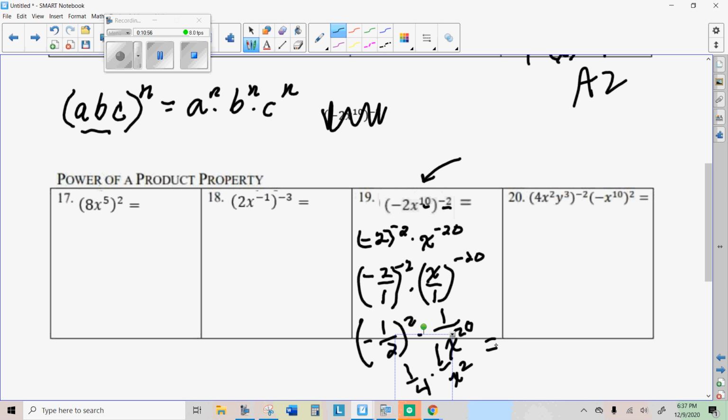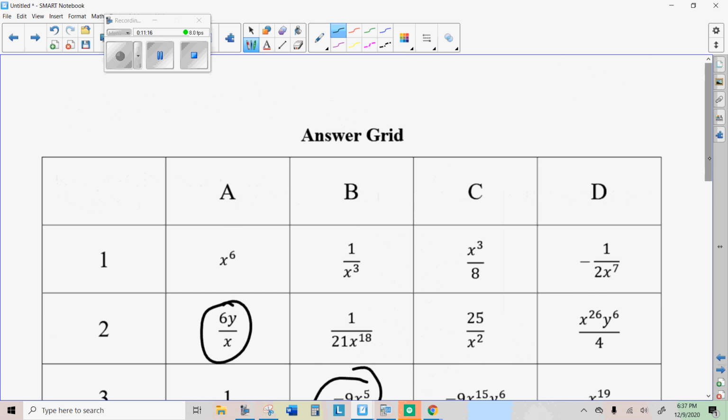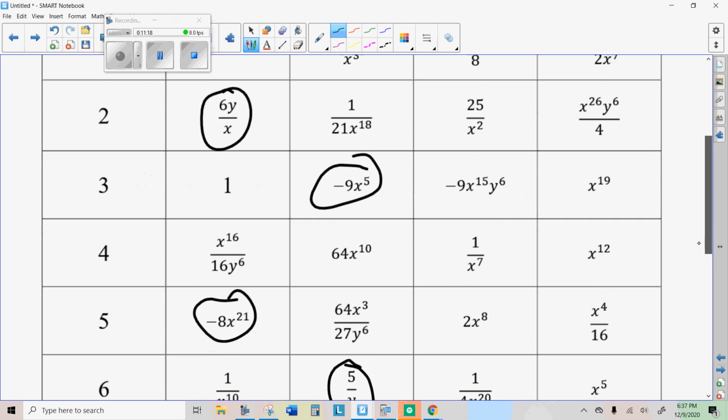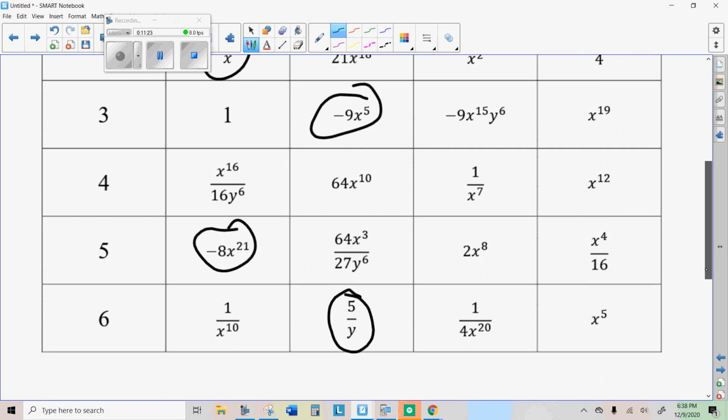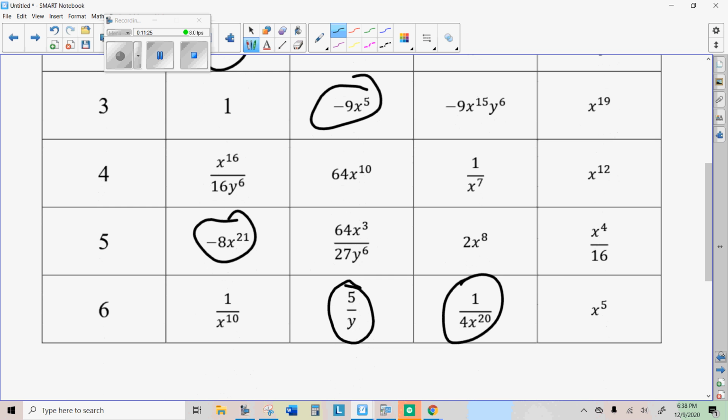So we have 1 over 4x to the 20th here. All right, let's look for that one. There it is, it's C6.